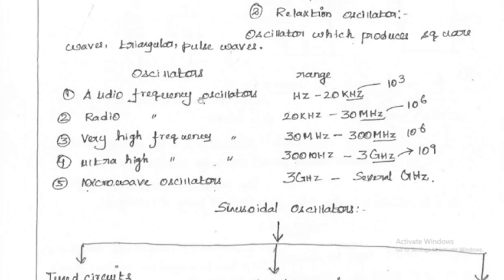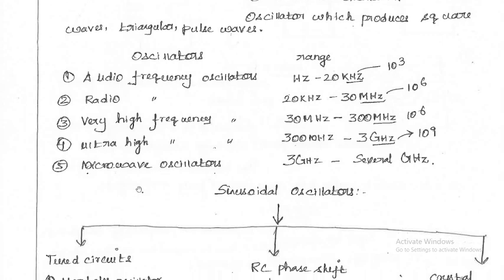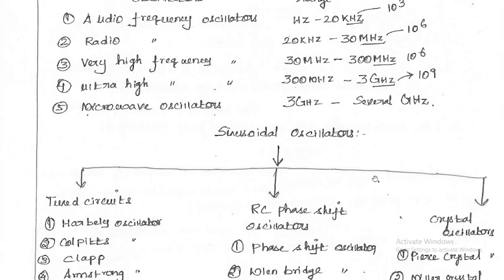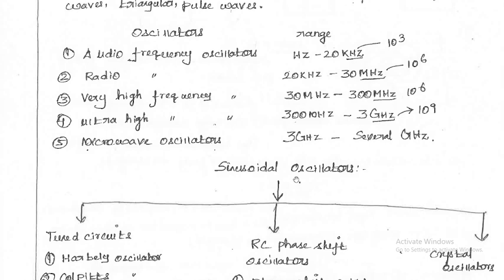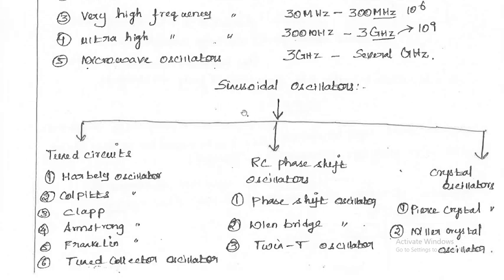Audio frequency oscillators range from hertz to 20 kilohertz; radio frequency oscillators, 20 kilohertz to 30 megahertz; very high frequency oscillators, 30 megahertz to 300 megahertz; ultra high frequency oscillators, 30 megahertz to 3 gigahertz; and microwave oscillators, 3 gigahertz to several gigahertz. In our second unit, we only focus on sinusoidal oscillators, not non-sinusoidal oscillators. As per the syllabus, we are going to discuss only the sinusoidal oscillators.